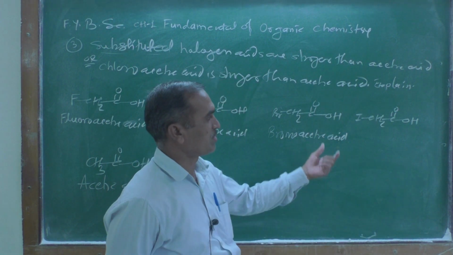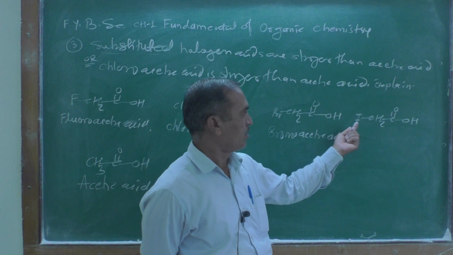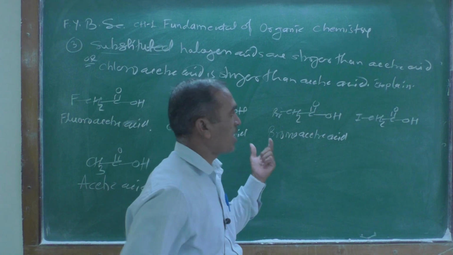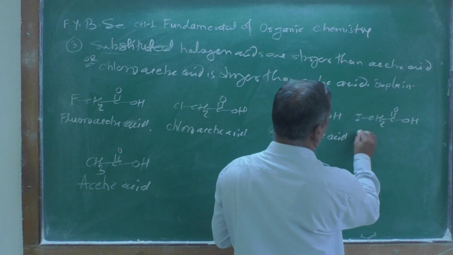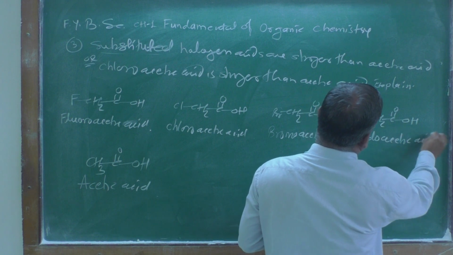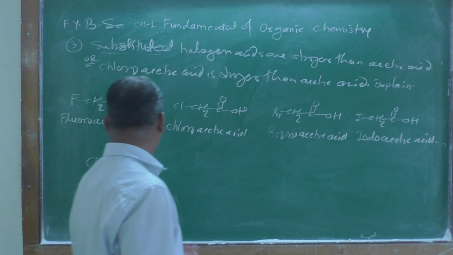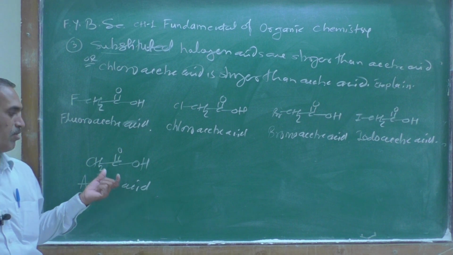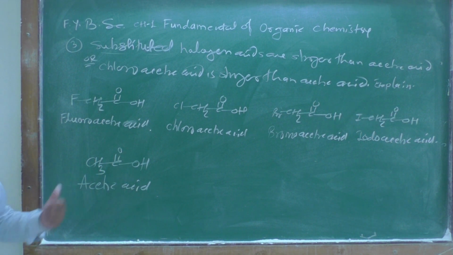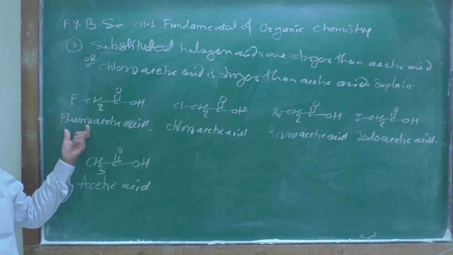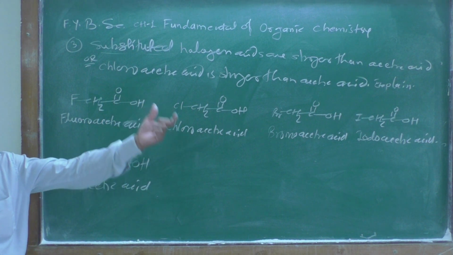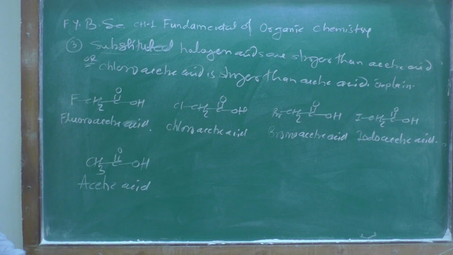Now this one, there is I, meaning iodine, so we call it iodoacetic acid. And the last one we already named, which is acetic acid, right? Now fluoroacetic acid, chloroacetic acid, bromoacetic acid and iodoacetic acid.